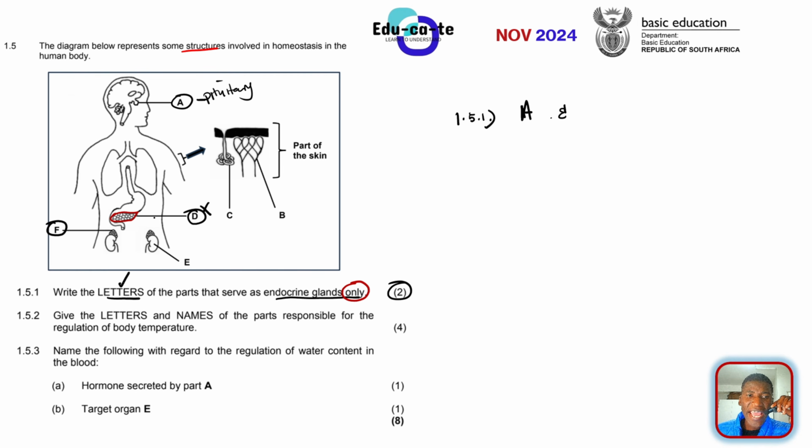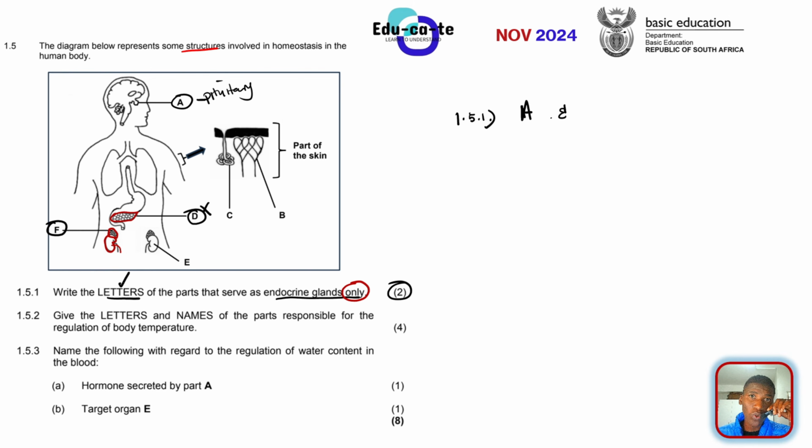Look at F. Here we have got F, and F is the adrenal gland. So the adrenal gland, basically, we know that it is just above the kidney. So this is the adrenal gland. It is found on top of this bean-shaped kidney. So you see that the kidney looks like a bean, and on top of it we have got this adrenal gland. So the adrenal gland is completely an endocrine gland because it secretes two hormones.